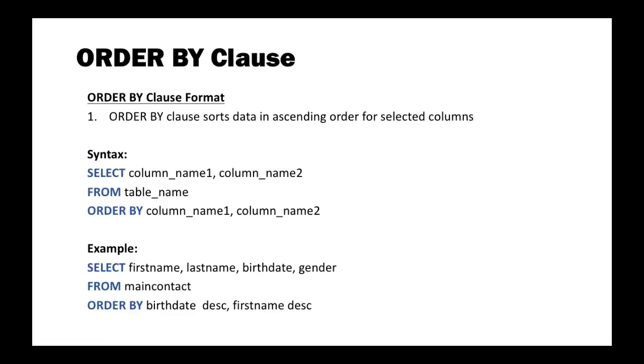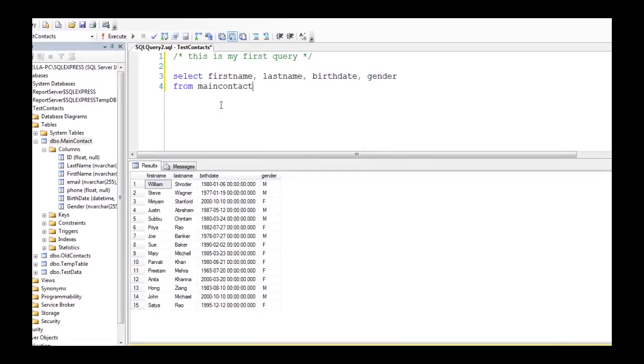That's what the system already is programmed to do. It will automatically sort for you in ascending order. But if you want to sort in descending order, all you have to do is write ORDER BY, write your column names, right after it type the characters DESC.